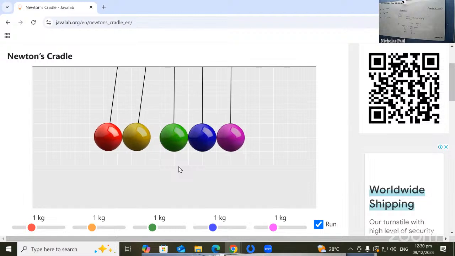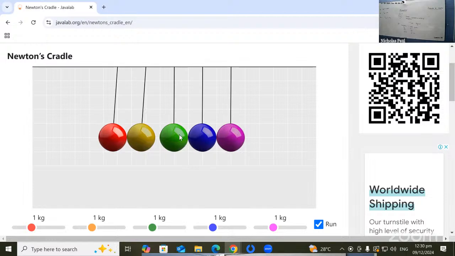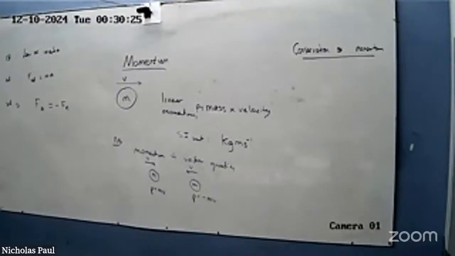And then green applying to blue, and blue applying back to green and then balancing. But there are two balls in front, so it is larger. But I showed you to look at it, if the force being applied, just basically keep it in neutral. Are you okay with that? So that's the principle of momentum.